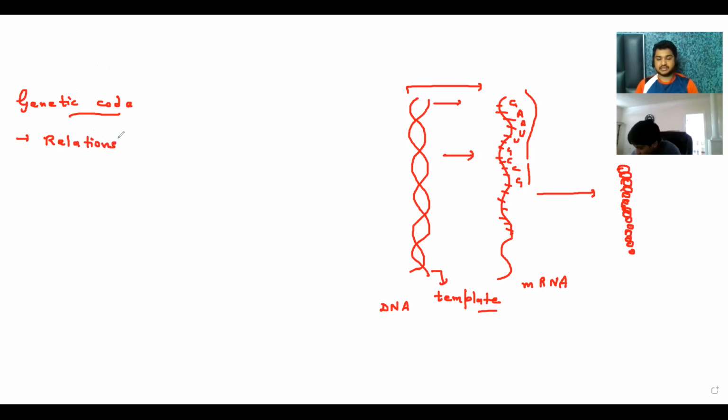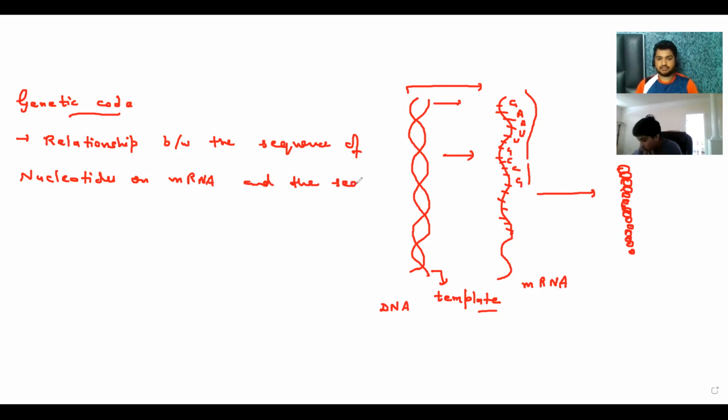It is actually showing the relationship between the sequence of nucleotides on mRNA and the sequence of amino acid in the polypeptide.